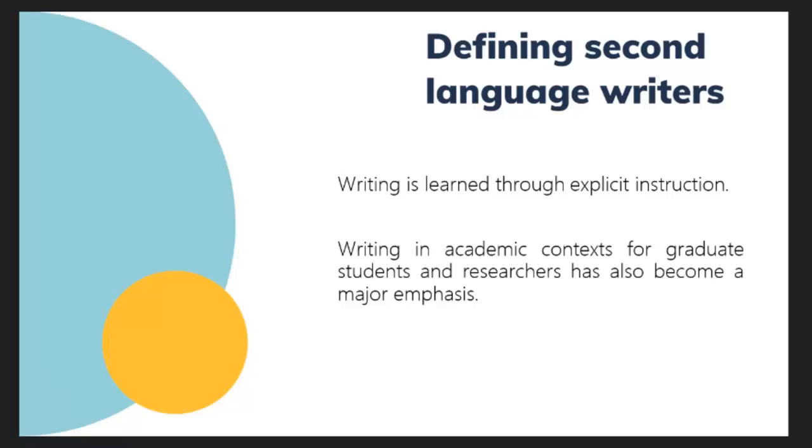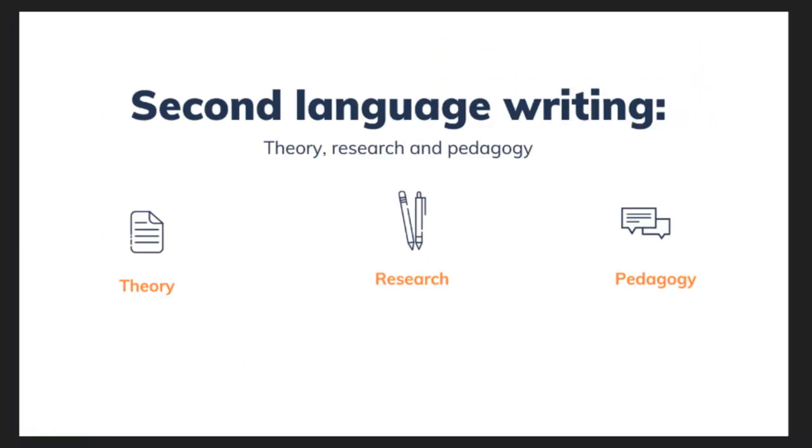So this will be the end of my part. In the next part, we will present some approaches regarding second language writing instruction, including the underlying theory, the related research, and the pedagogic implementations. So please welcome Thủy.